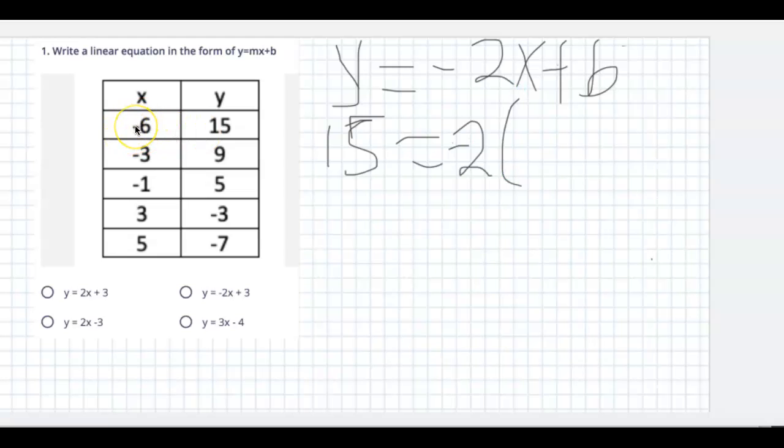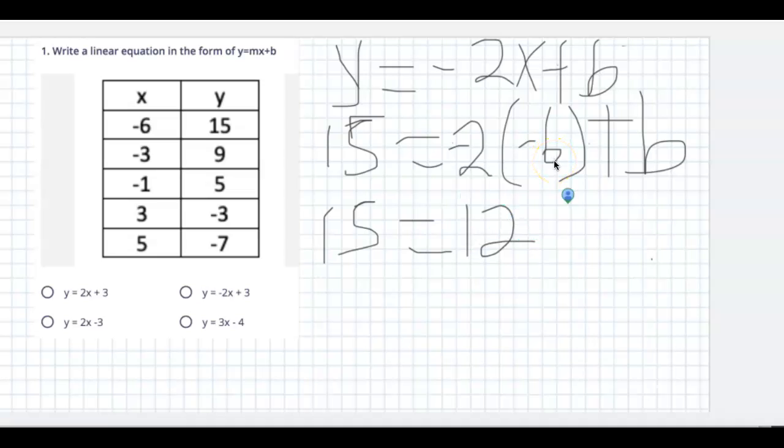X is negative 6. And then we have plus b. All right. So this will make 15 equals, if I multiply two negatives, they make a positive, so 2 multiplied by 6 will be 12 plus b.